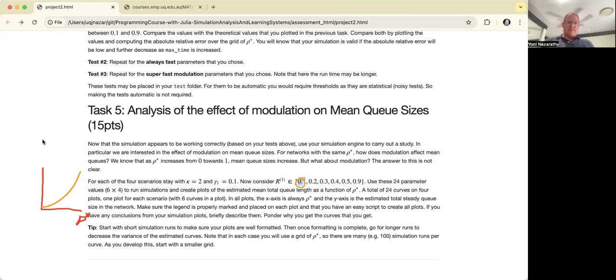Then maybe for 0.5, I'll pick a different one. You might have a curve that's a bit higher. Have a legend like this, and have 4 plots like this, one for each scenario. That's all you need to do.